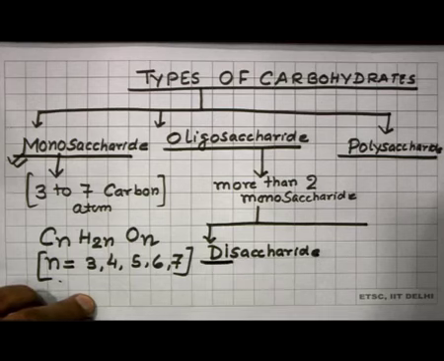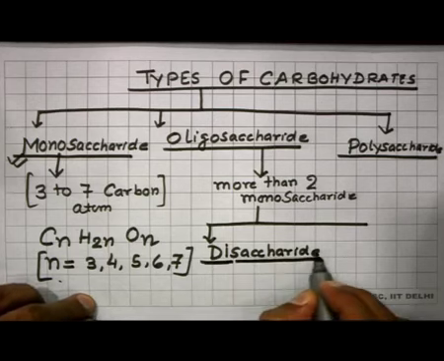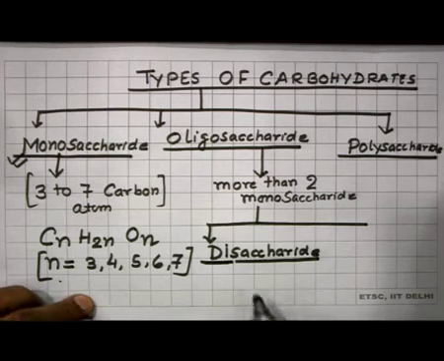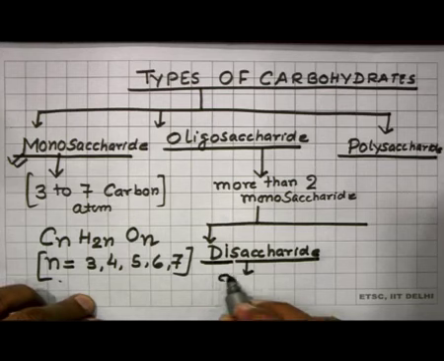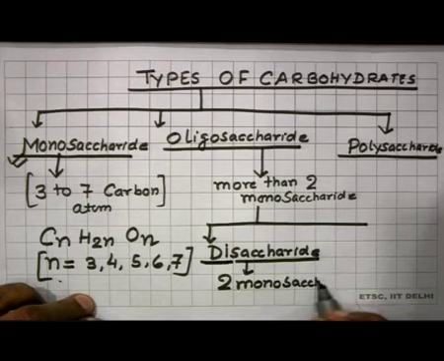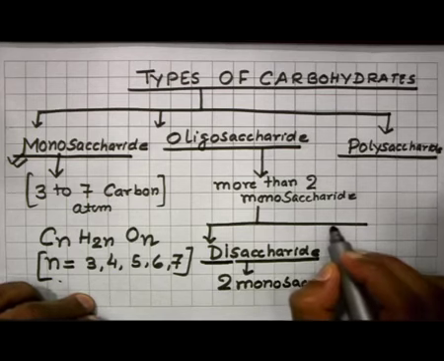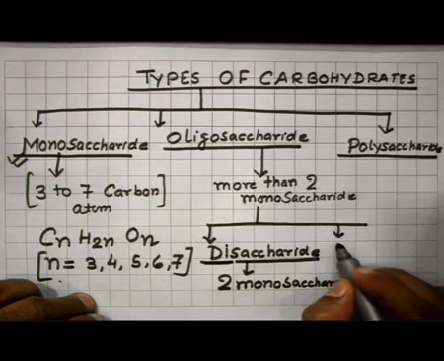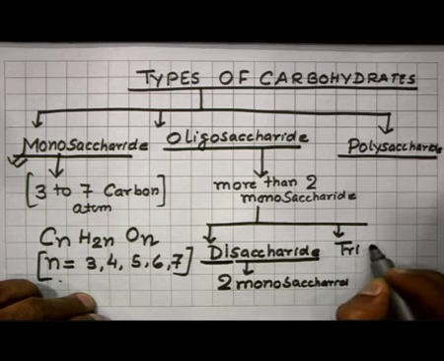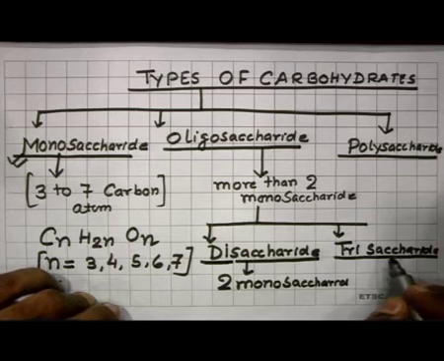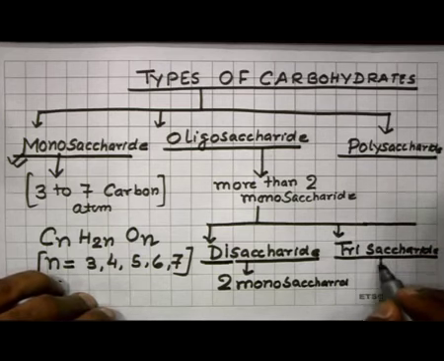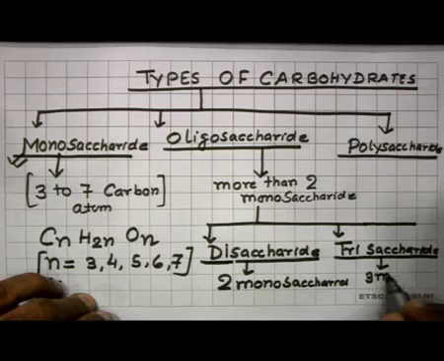As the name indicates, di means 2. When hydrolysis takes place in a disaccharide, it is split to form 2 monosaccharides. When it gives 3 monosaccharides, that is called trisaccharide. When a trisaccharide is split, it gives 3 monosaccharides.